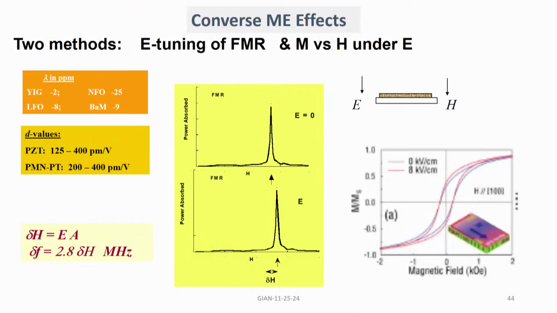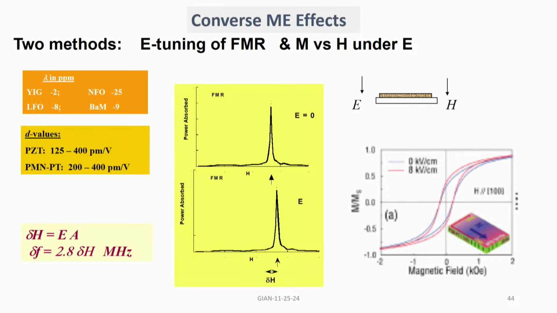But we are now turning to converse magnetoelectric effect, where the studies are aimed at what happens to the ferromagnetic phase if I apply an electric field to the composite. So there are two types of major measurements for this. One is ferromagnetic resonance under an electric field.